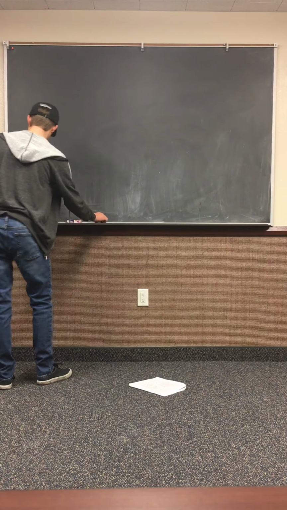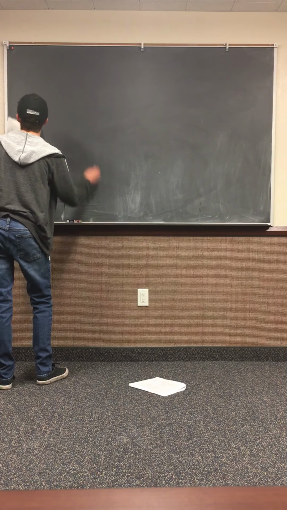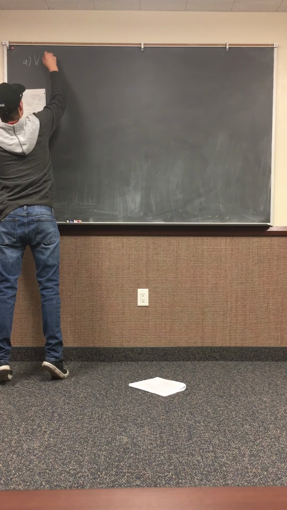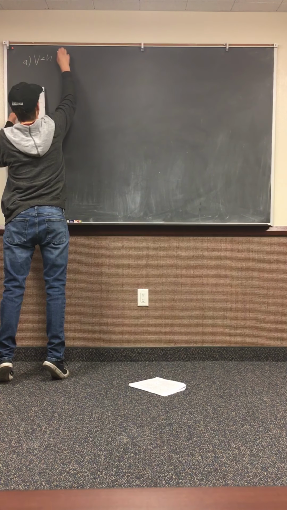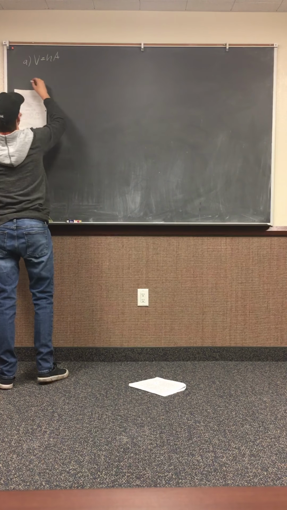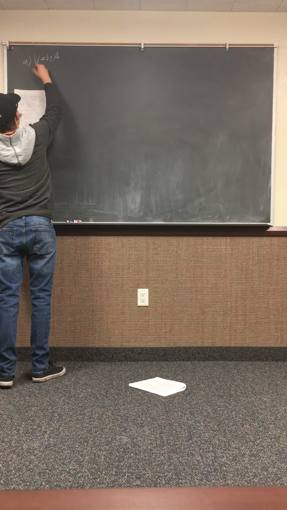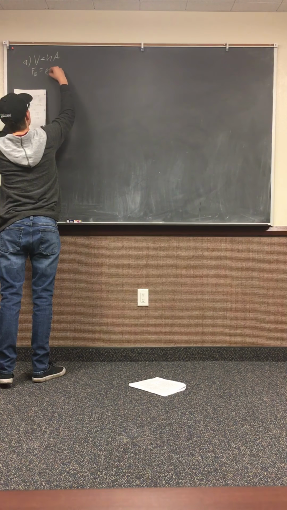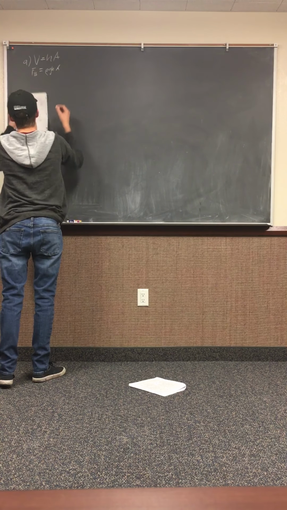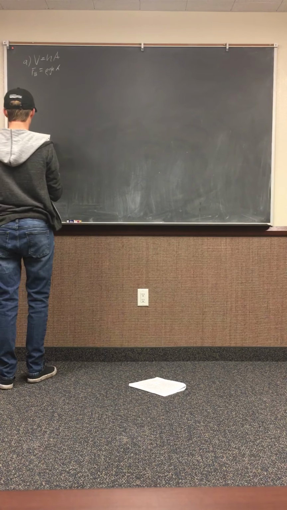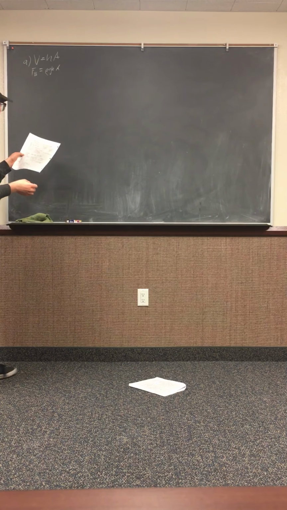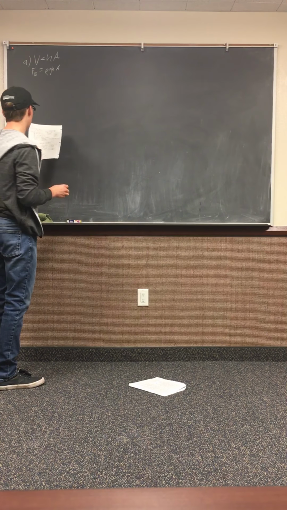Okay, so for part A, V, our volume, equals height times area. So then the force of buoyancy, F_B, equals rho g h times A. And then F_B also equals weight, and weight equals mass times gravity.